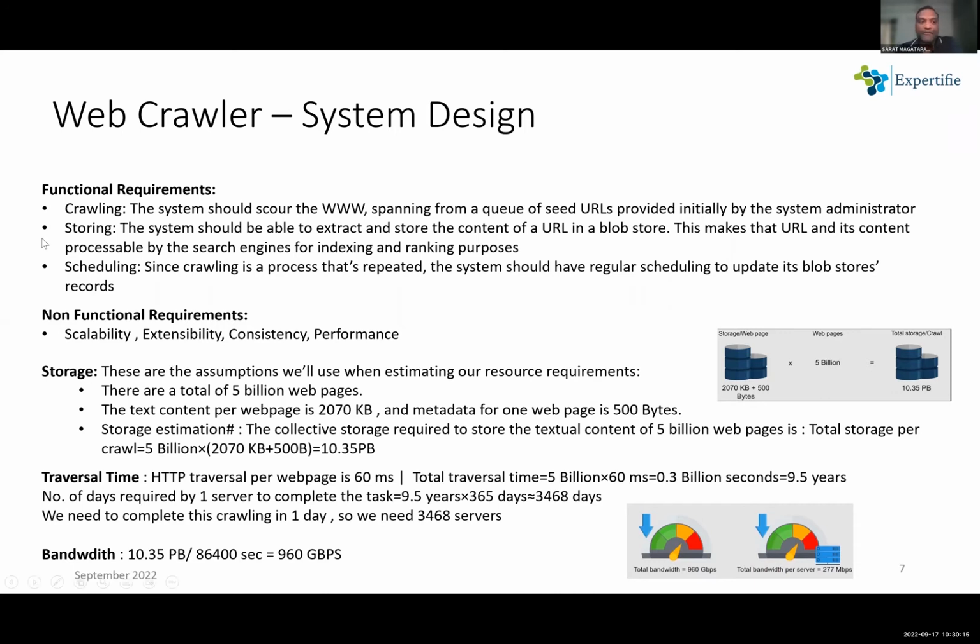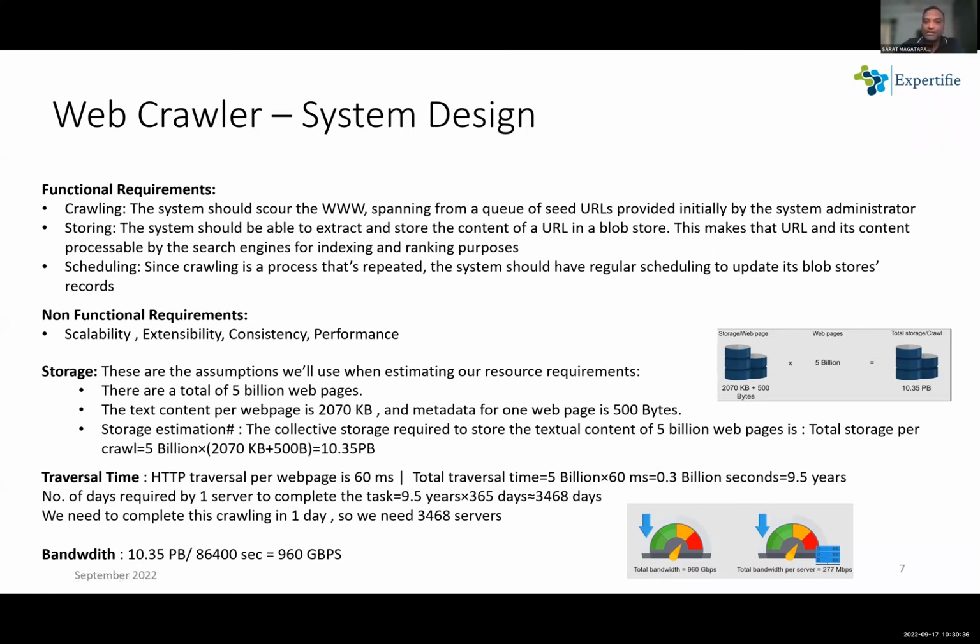So what is the functional requirement? The crawling. The system should crawl the entire internet, the entire WWW, spanning from the queue of seed URLs provided initially by the system administrator. What does it mean?